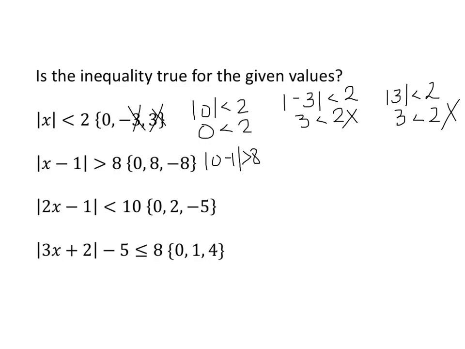Well, 0 minus 1 is negative 1. The absolute value of negative 1 is simply 1. Is 1 greater than 8? Eight minus 1 is 7. Is 7 greater than 8?